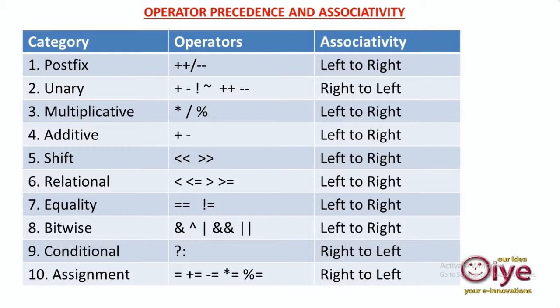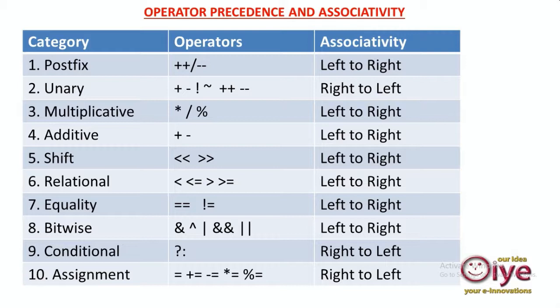Then the equality operators: double equal to, that is relational equal to, and not equal to, left to right. Bitwise and, bitwise XOR that is the caret symbol, bitwise OR the pipe symbol, and double ampersand and double pipe for logical and, logical OR, all from left to right.